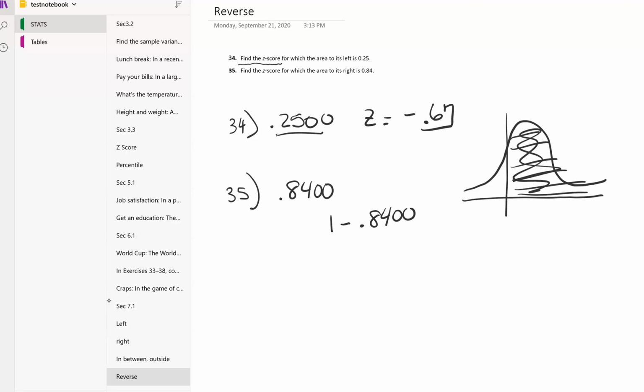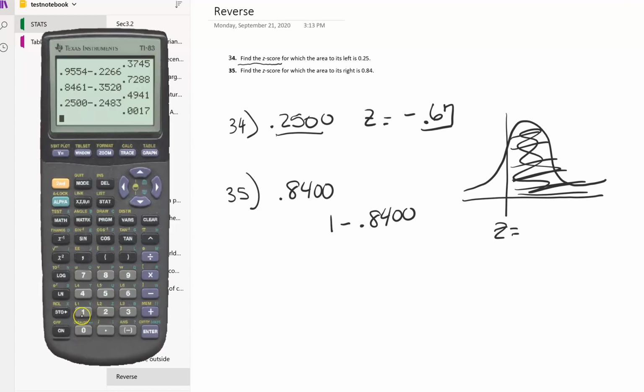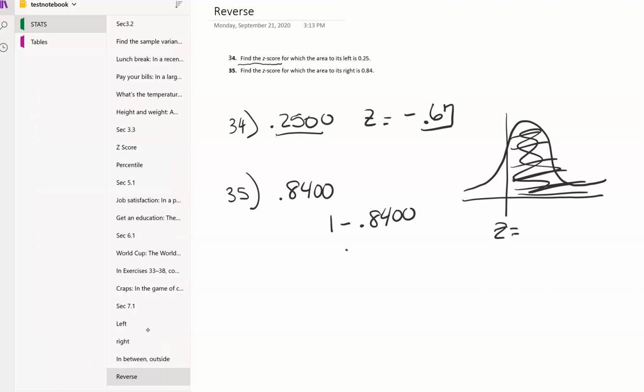All of this. So 1 minus 0.8400 is 0.16. So 0.1600, that's what I'm going to look up.